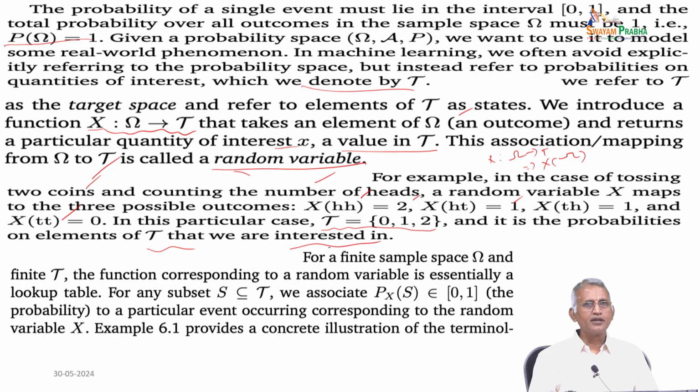Once you understand the beauty of the random variable, let us go with the next ideas. Here we have a sample space omega and a finite T. The function corresponding to a random variable is essentially a look-up table, and S is a subset of T. We associate with the subset S a probability, the probability that the random variable X belongs to S, a value in the closed interval 0 to 1, for the particular event occurring.